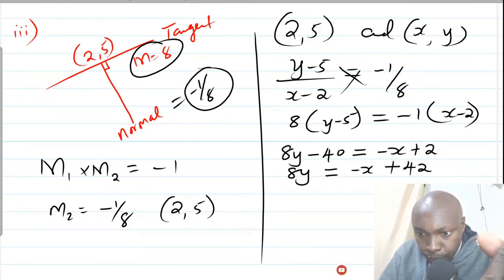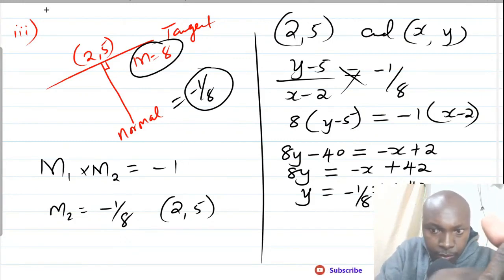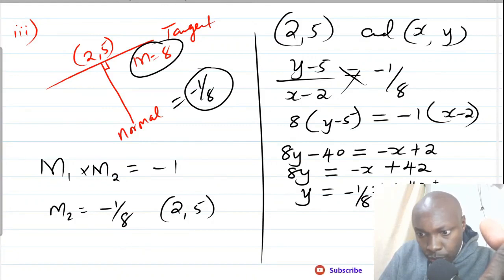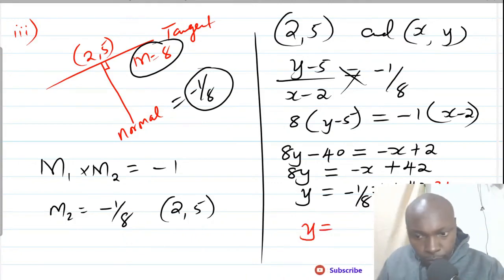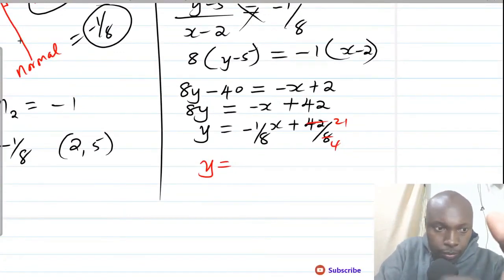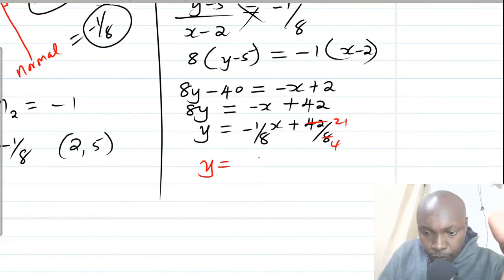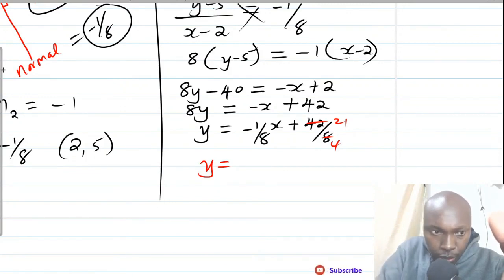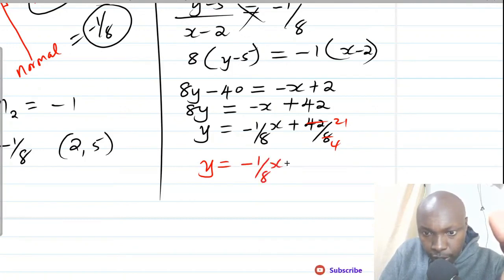If we leave this in the form y = mx + c, we get y = -1/8 x + 42/8. We can simplify this by 2, giving 21/4. So y = -1/8 x + 21/4.